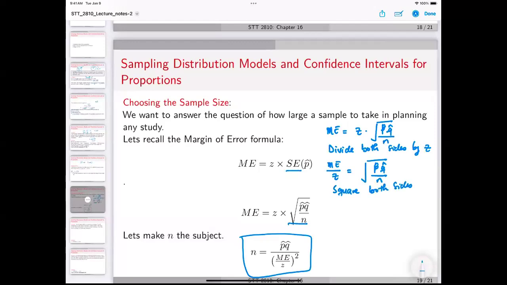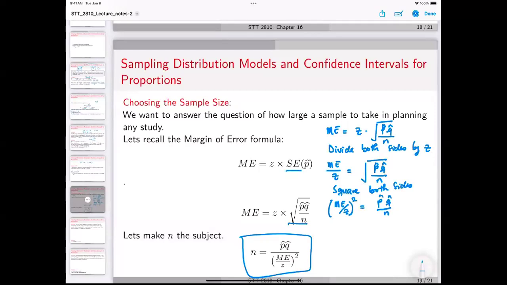If you square both sides, you get margin of error over Z squared equals P hat Q hat over N, because the square and the square root will cancel. Is that okay? Now, what do I need to do?